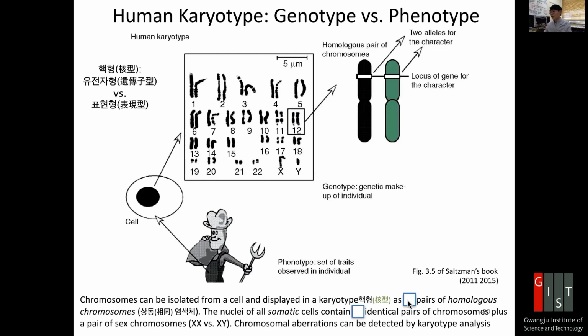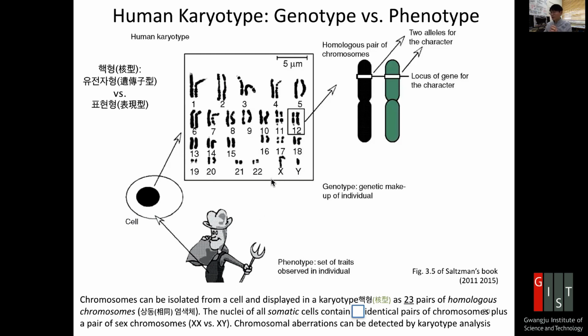So this karyotype has 23 pairs of homologous chromosomes in the nuclei of all these somatic cells. Somatic cell means in our body, in comparison with the germline cell, which comes from our sex cells.